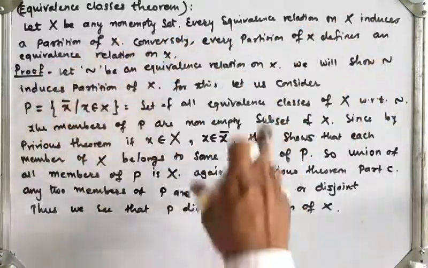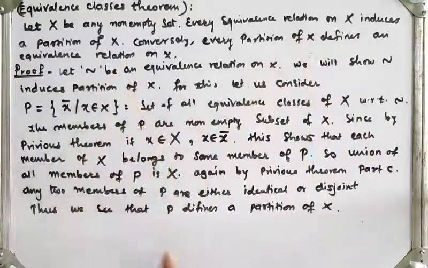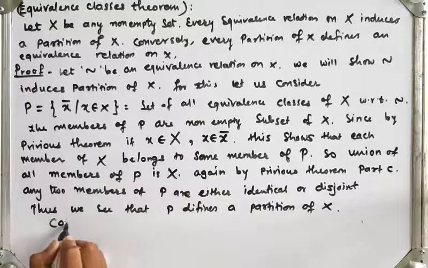Then we have to prove that every partition of X defines an equivalence relation on X. So conversely, we prove that. Now let's see the converse part.